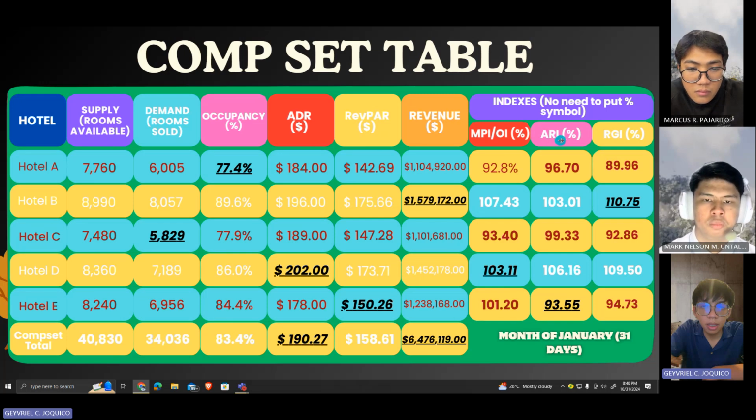in January. As for the Market Penetration Index or Occupancy Index, we are asked to compute the MPI OI of Hotels B and D. Now, to get the MPI OI, this is determined by the formula MPI equals occupancy rate divided by occupancy total times 100.